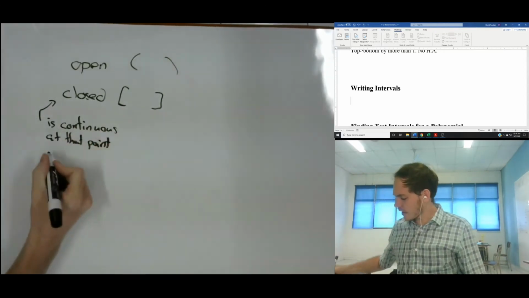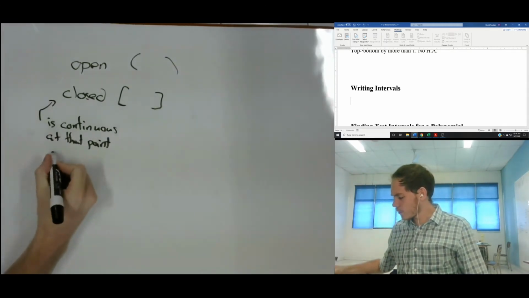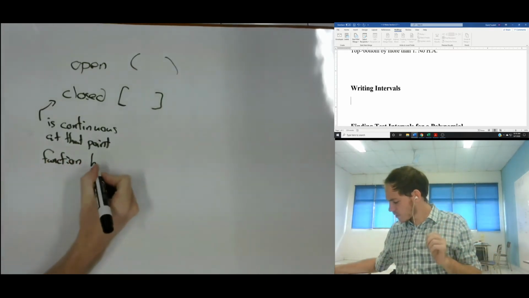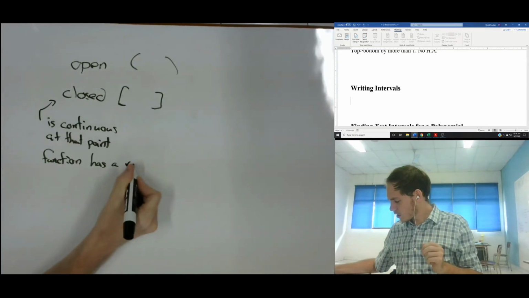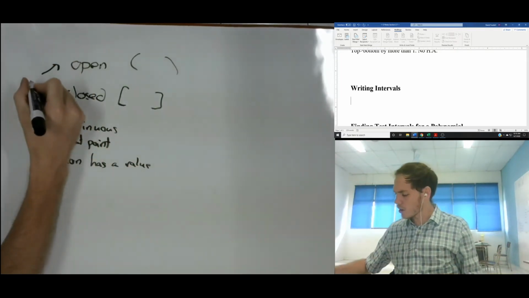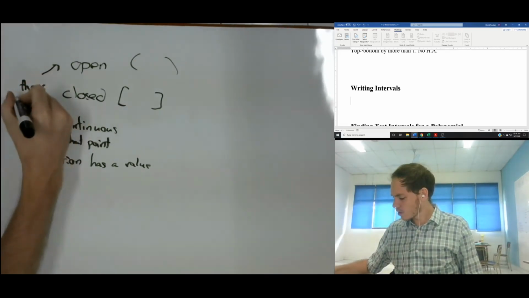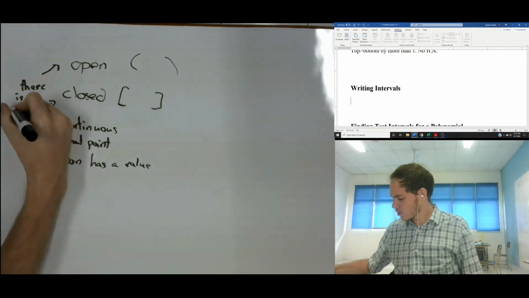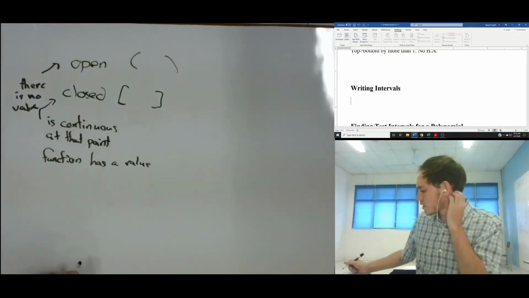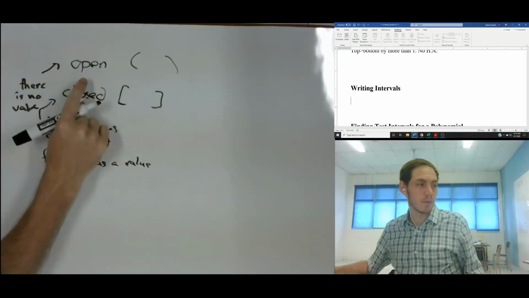You can think of it as saying the function actually has a value. Open is where there is no value. I'll explain what that means. Closed is going to be important, and open is going to be important.